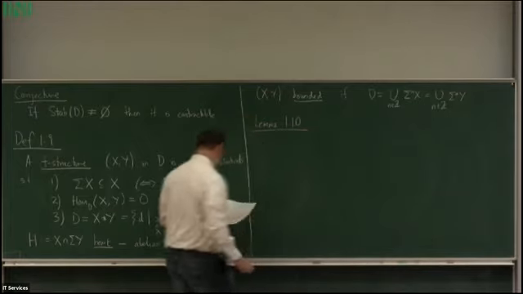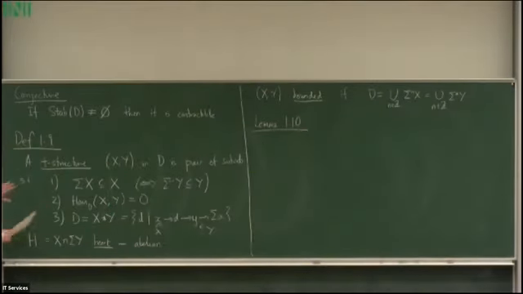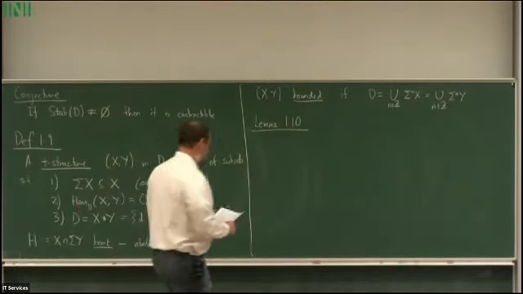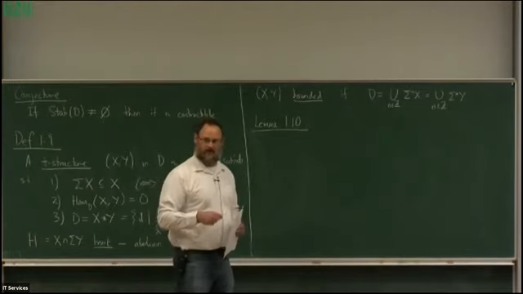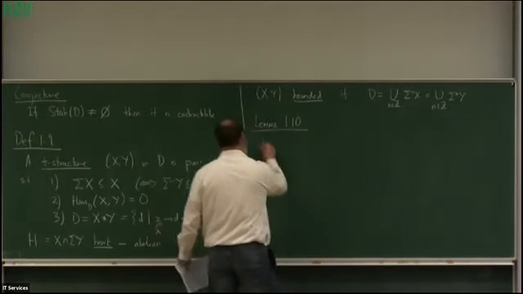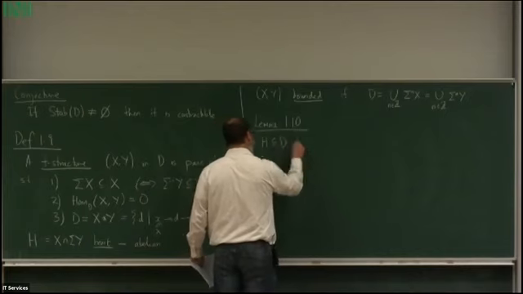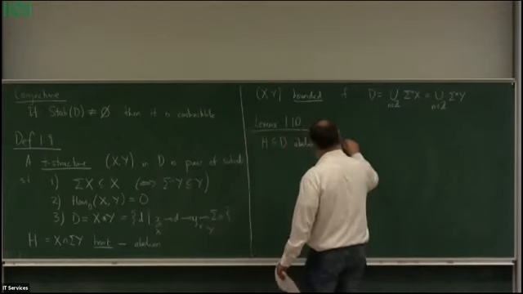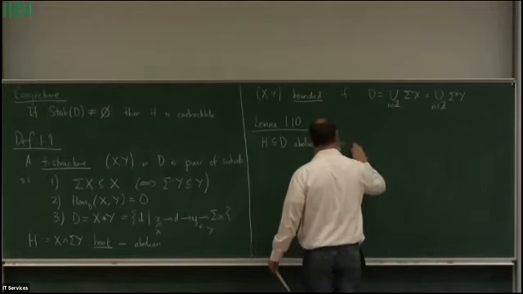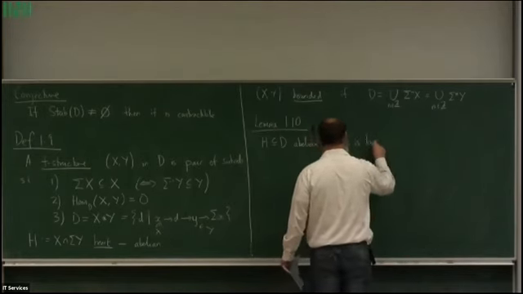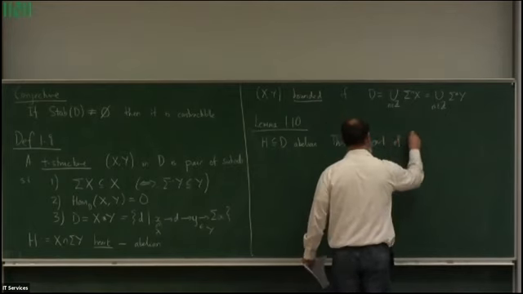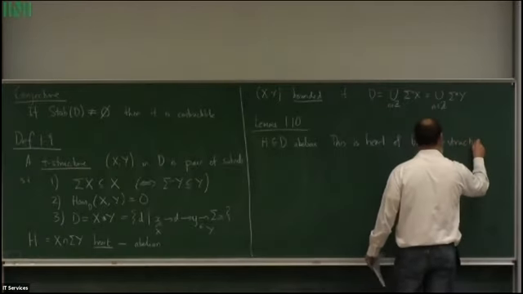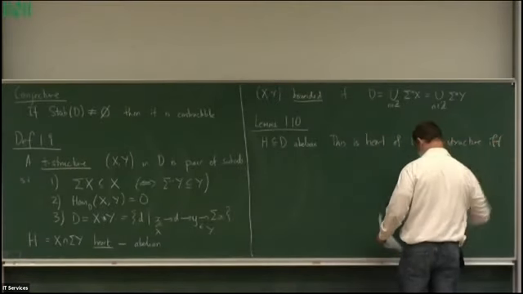So I'm going to state a lemma now, which relates a T-structure with the kind of filtrations we saw in the last lecture, the Harder-Narasimhan filtrations. So if I have an abelian subcategory H of D, this is the heart of a bounded T-structure if and only if two conditions hold.